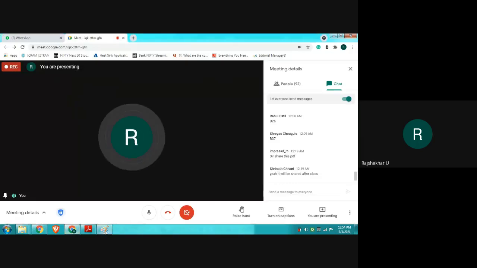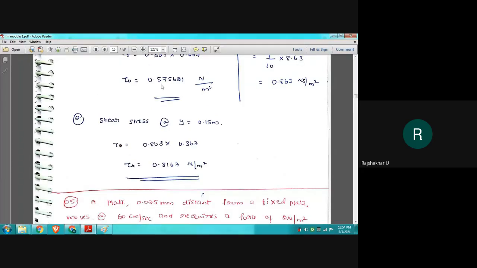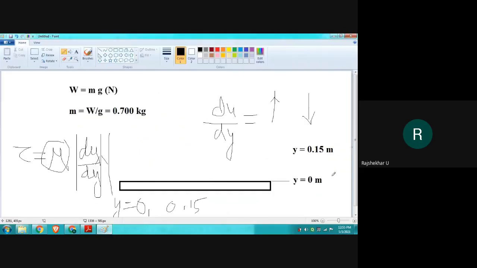So what happened to the tau value with respect to distance? At 0, we can see the tau value is 0.575. At 0.15 meter, the tau value is 0.31. Can anybody try to explain this? As we move from 0 to 0.15, what is happening to tau? If you explain this, then you will be in a better position to understand.